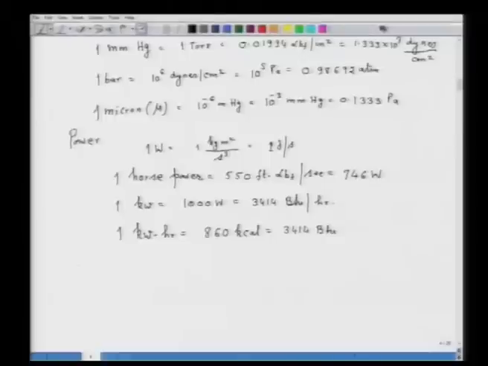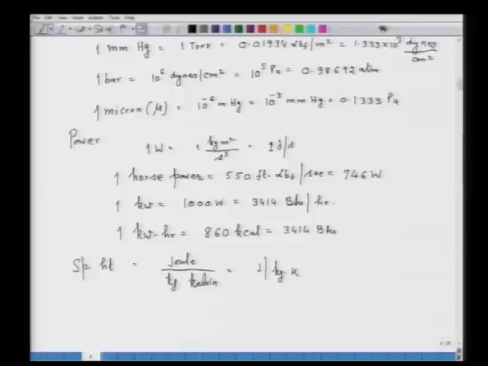Now, similarly, the specific heat. Well, I will not be deriving in all dimensions, but the specific heat, from the definition, you write as joule per kg Kelvin, that is the amount of heat required to raise the temperature of 1 kilogram by 1 degree, expressed for example in joule per kg into Kelvin.